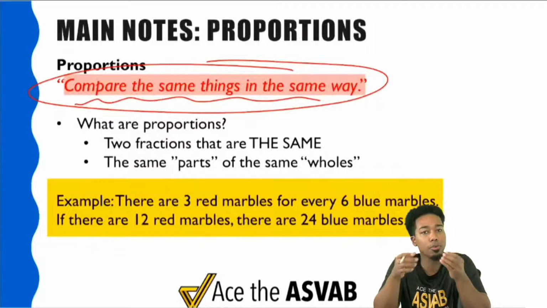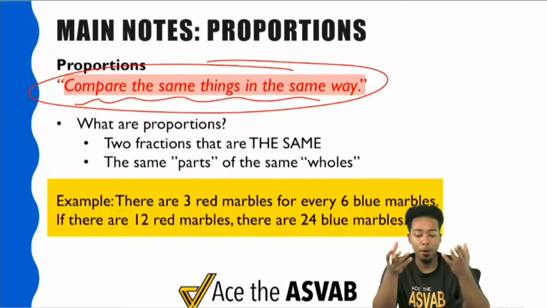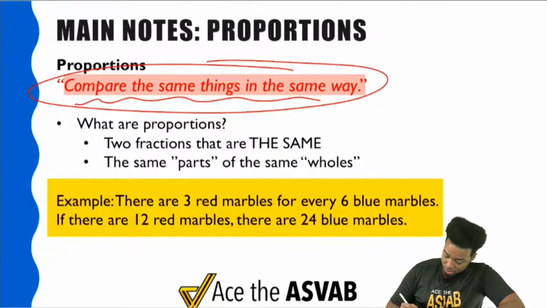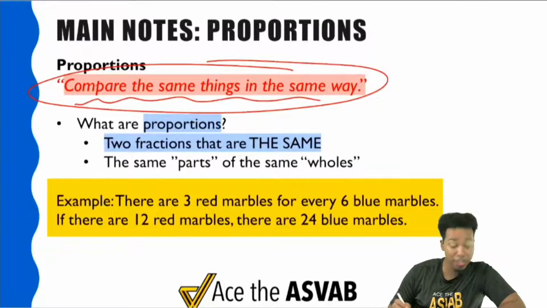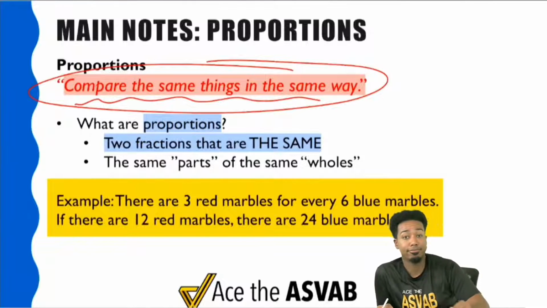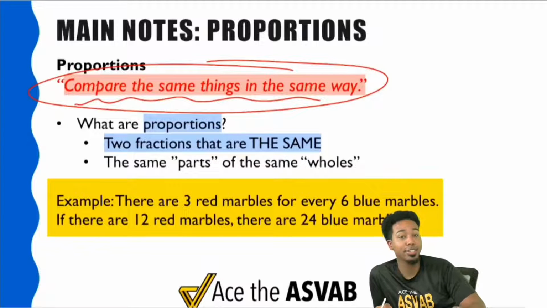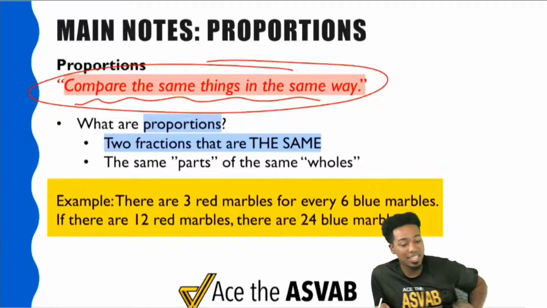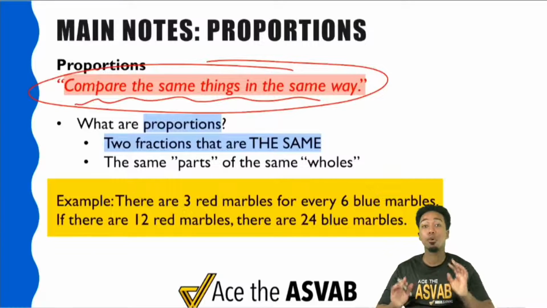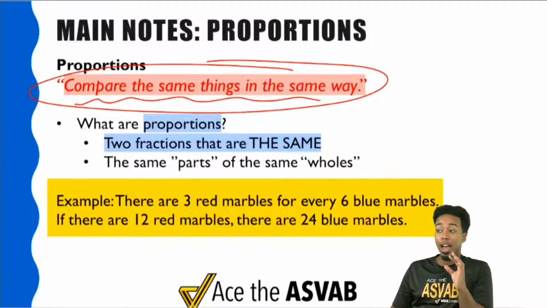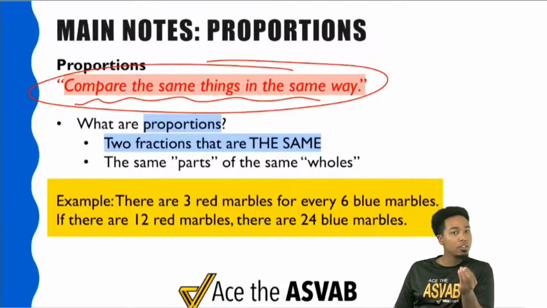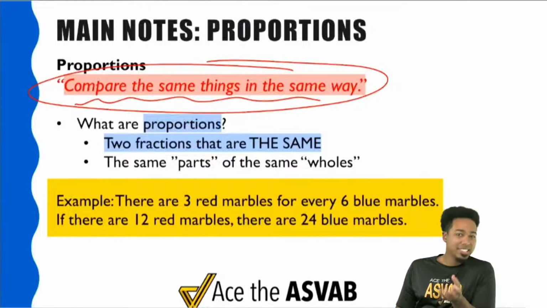So here's what a proportion really shows you. A proportion is just 2 fractions that are the same. That's it. That is absolutely it. Once we get that idea into our heads, I'm going to be very honest with you, it's almost scary how easy proportions are, especially if you suffer from test anxiety.